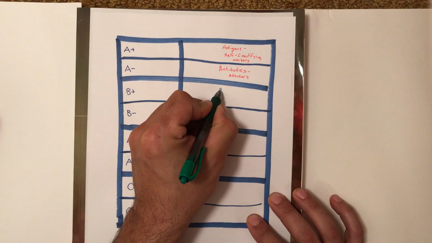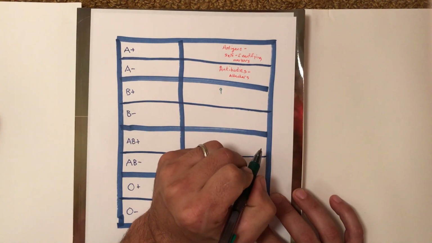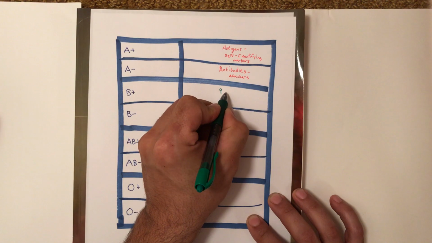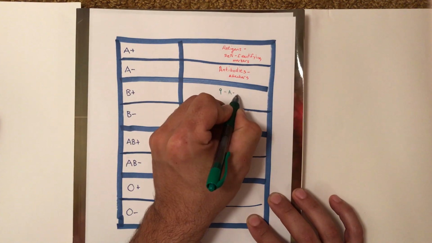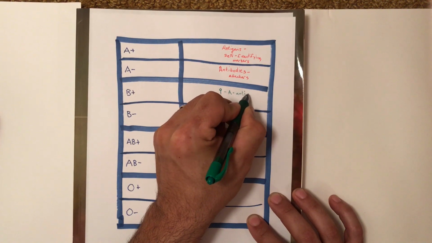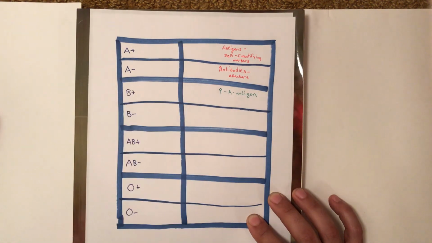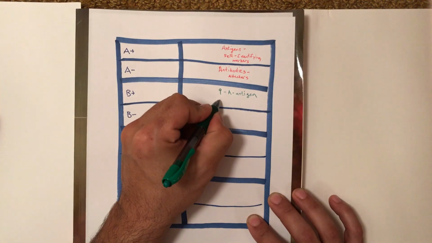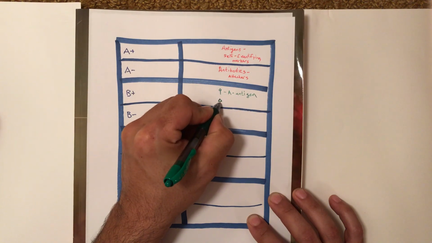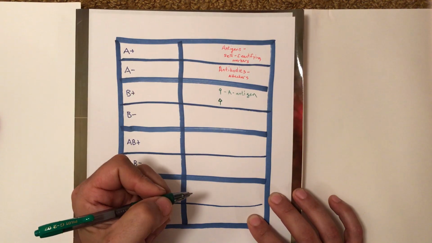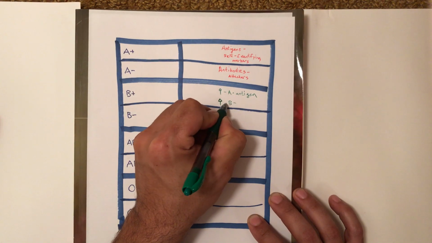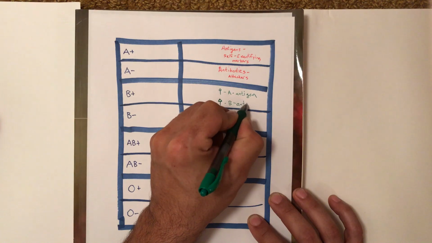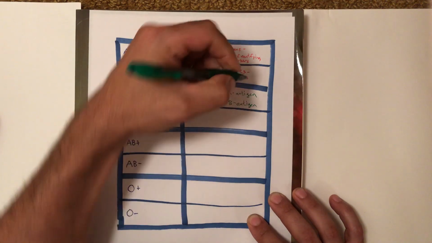So here is a flag circle, and we'll call this the A antigen. There's our A antigen. And let's draw out the B antigen. We'll make that a triangle. There's our little triangle flag. And we'll call this the B antigen.